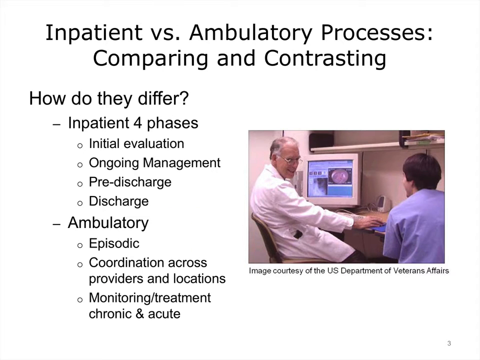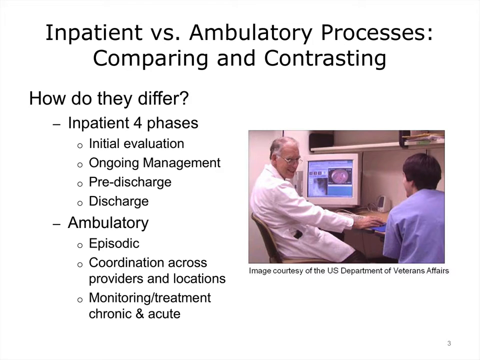So how do inpatient and ambulatory differ? The process of inpatient care can be conceptualized very generally as having 4 phases. Initial evaluation, that usually occurs within the first 24 hours of care, ongoing management, pre-discharge, and discharge phases.